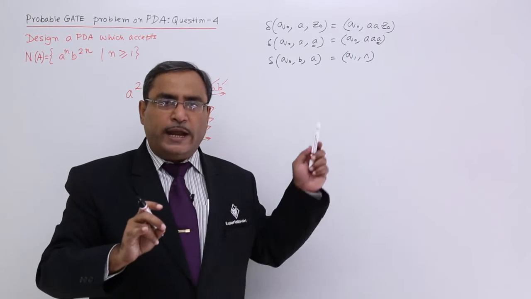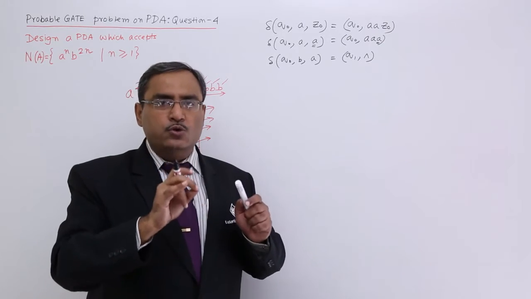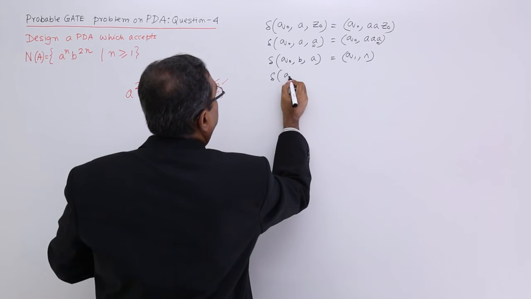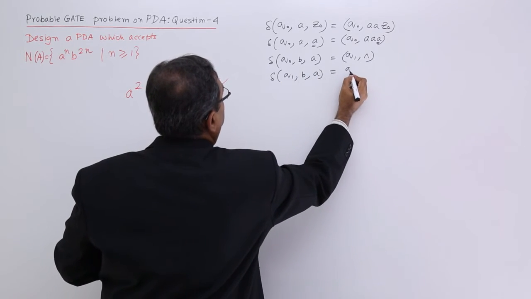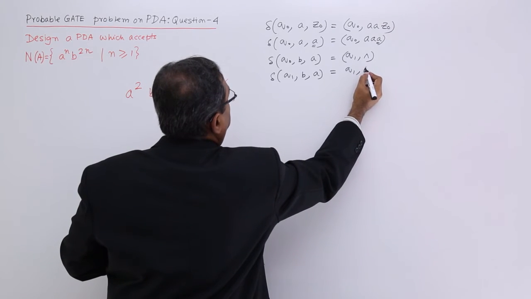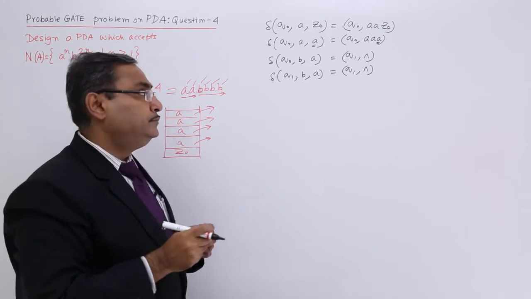So, I shall not put any transition with Q1 and a, I will have Q1 and b only. So, let me go for delta(Q1, b, a). Obviously, I will get a at the top of the stack because I did not push any other symbol other than a on the top of the stack. So, that is (Q1, epsilon).